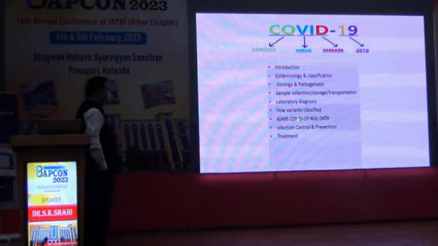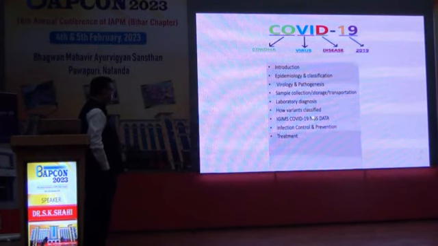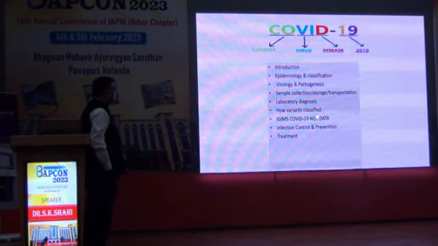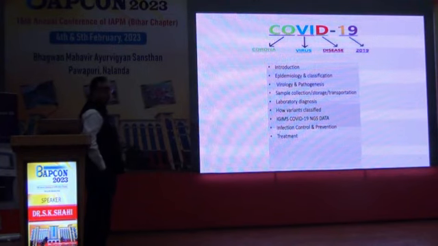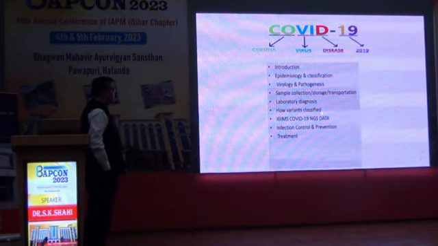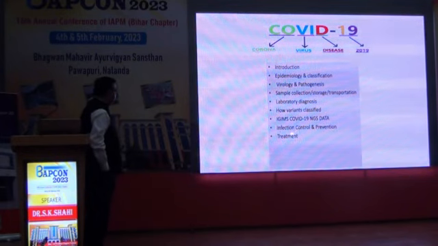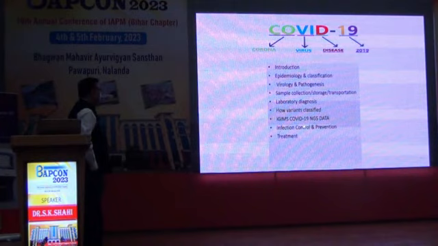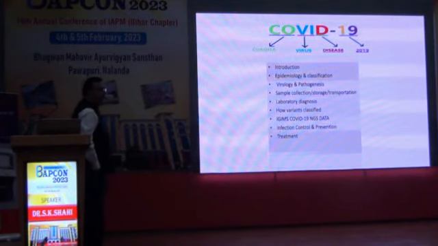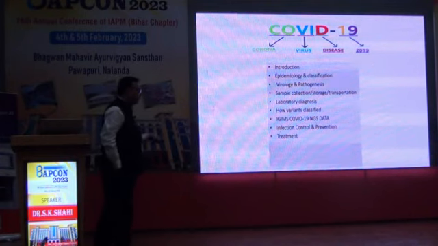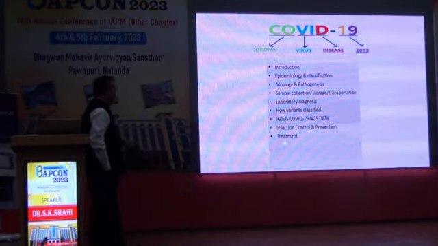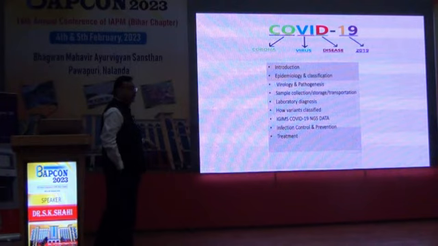At Indira Gandhi Institute, for COVID-19 particularly, we went for gene sequencing. That is the only center where we are able to do gene sequencing. That data I will share with you. And lastly, how you should control and prevent, and a few things on treatment. Though I am not a clinician, the clinicians are here in the chair, so I will give just a brief class.